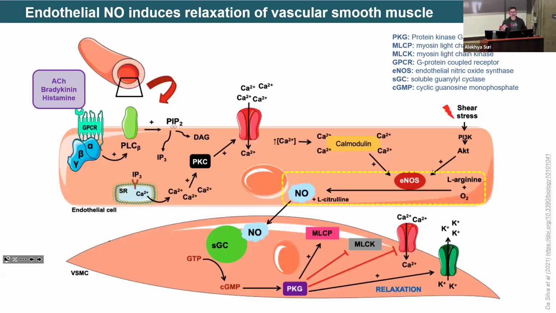So think of increasing blood pressure will cause increases in shear stress, because basically the blood is hitting that endothelium harder, right? And that shear stress, through several different pathways, leads to the activation of a protein kinase called AKT, and AKT can also activate eNOS.